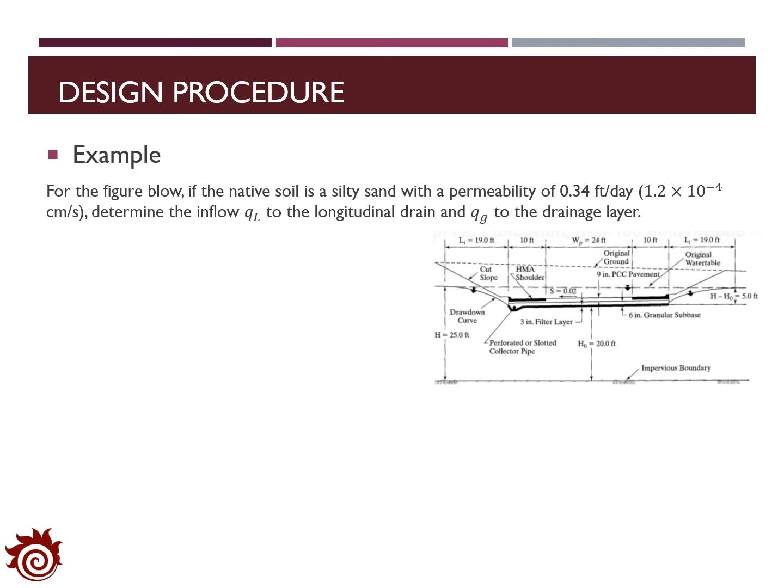Finally, we can find out the values of QL and Qg. First, QL equals 2 times Q1 plus Q2. That is 2 times 0.22 plus 1.15, which will give us the result as 2.74 feet cubed per day per feet.